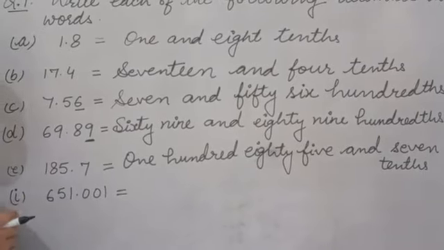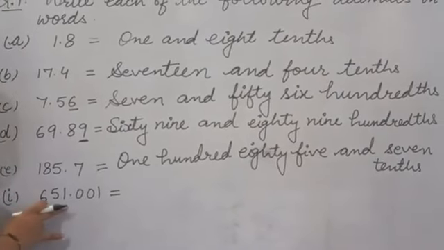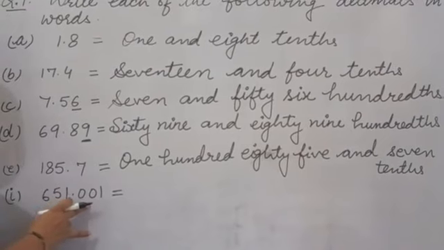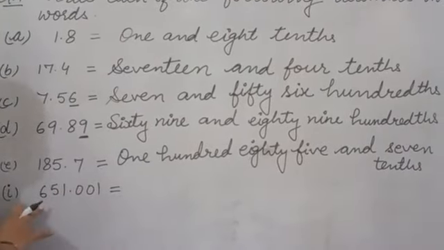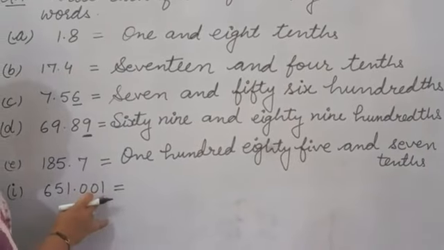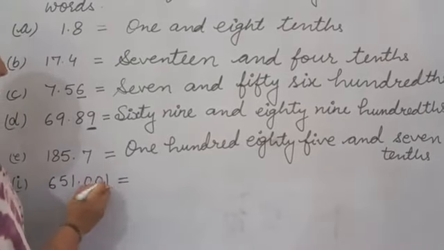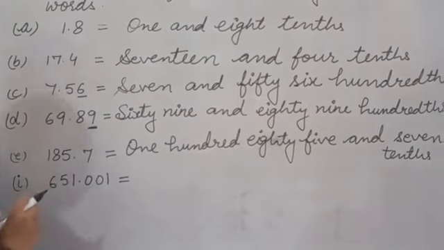Now the I part, you will see 651.001. How will we write it? 651, and there is only one. One is on which place? This is on the thousandth.